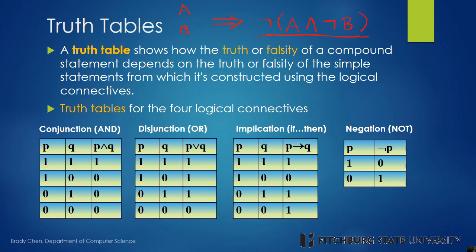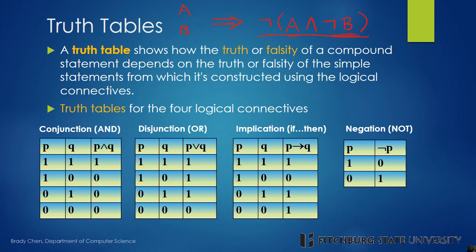Because the proposition inside the parenthesis says John is married, and John's wife is not married. How could that be possible, right? That's not possible.